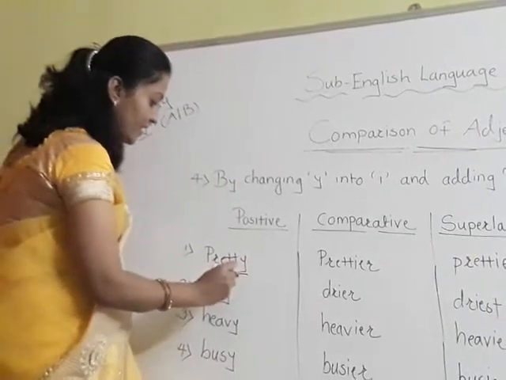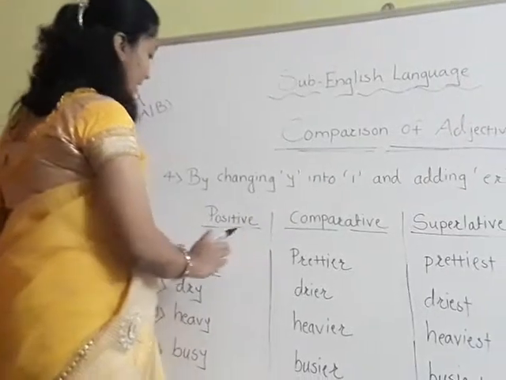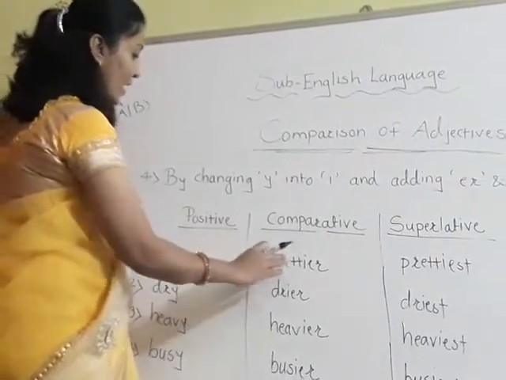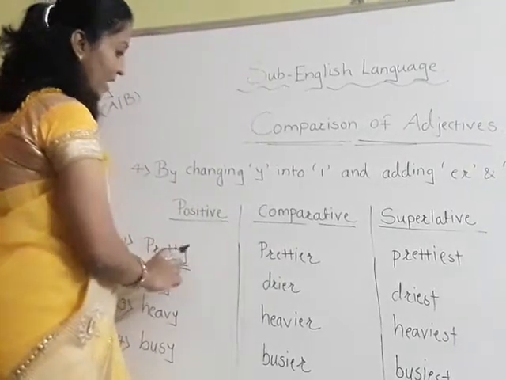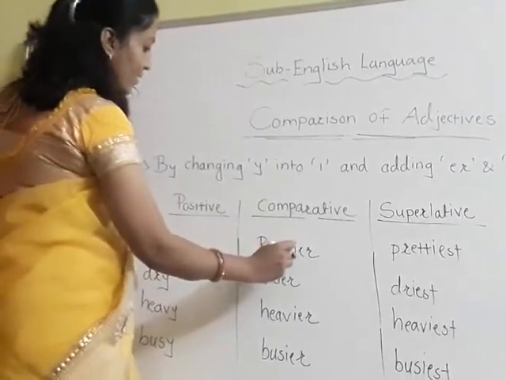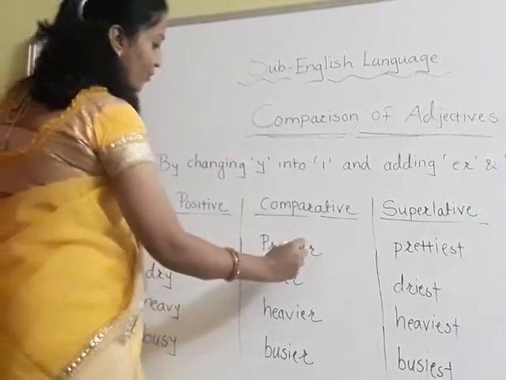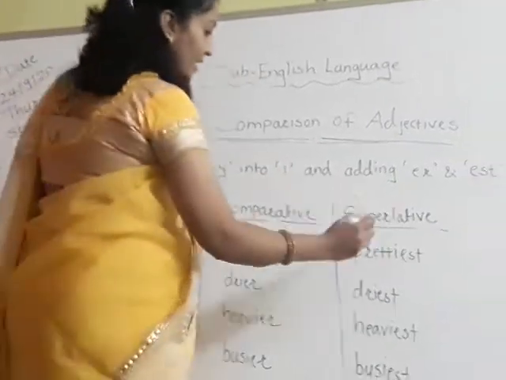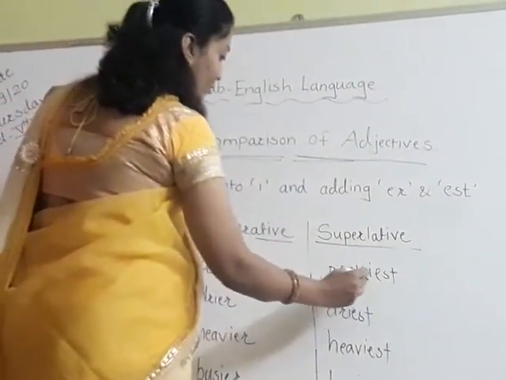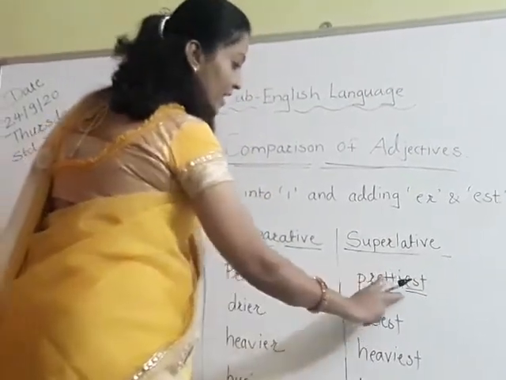The spelling ends in y, and when we form the comparative degree, this y turns into i. So the spelling changes, and it becomes prettier, adding er here. In superlative degree we add est to that word. Pretty, prettier, prettiest.